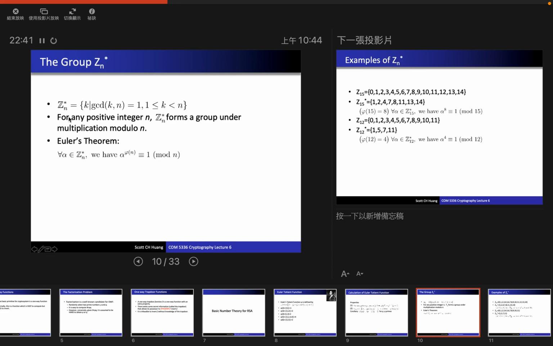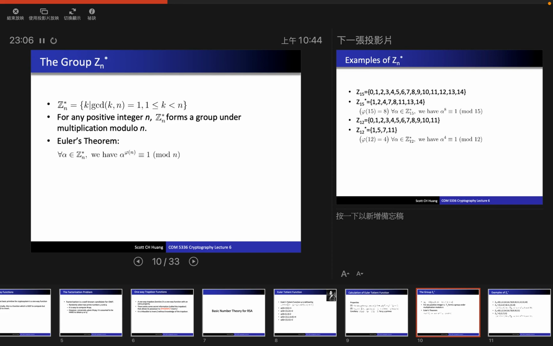And Euler found that for any positive integer n, Zn star forms a group under multiplication. It's easy to understand. For a group, we need to verify four things: closure, associativity, identity, and inverse.